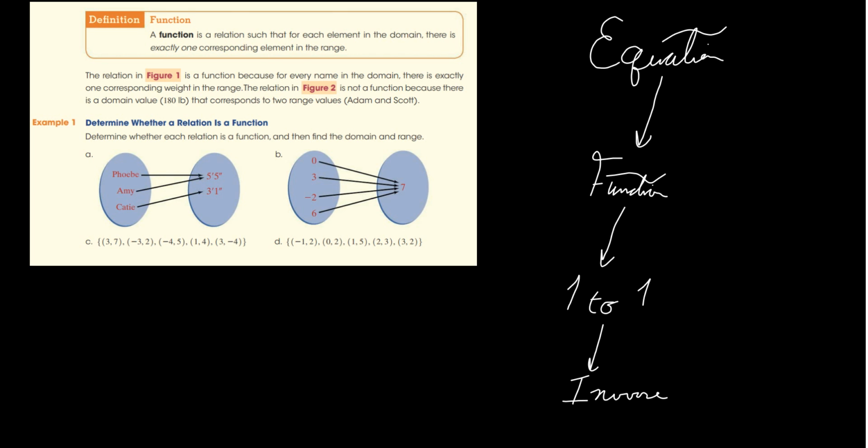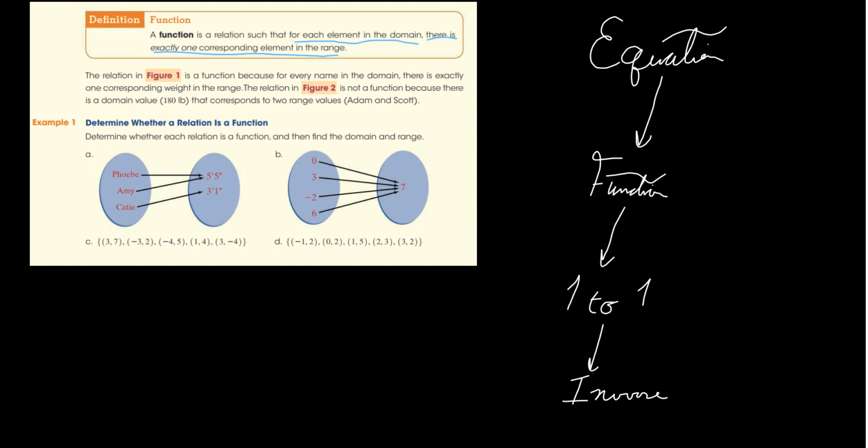Anyways, let's go. Definition: function. A function is a relation such that for each element in the domain, okay, so this is important, for each element in the domain, there is exactly one corresponding element in the range. Okay, so for each value in the domain, one value in the range.